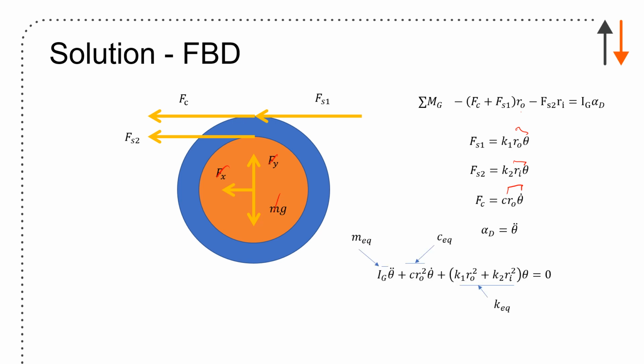Once you do all of the terms and you break it up into theta double dot and theta, you then have an equivalent mass for the system, an equivalent dashpot constant, and an equivalent spring constant. That's what we use to figure out the solution to this.